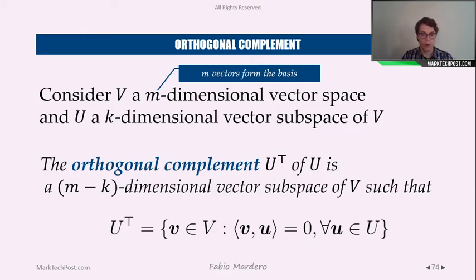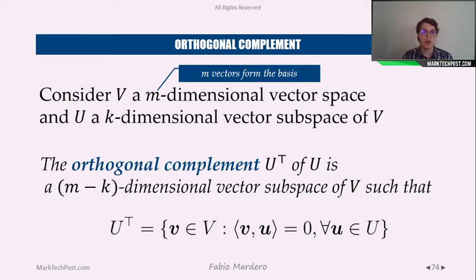Now we will stop talking about projection for a minute, and we will focus on what an orthogonal complement is. So consider a generic vector space V that is m-dimensional. So it has a basis of m vectors.